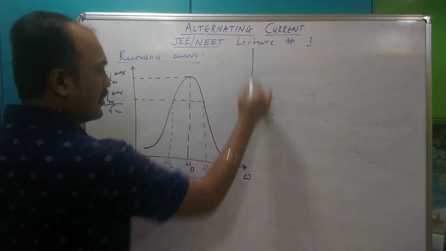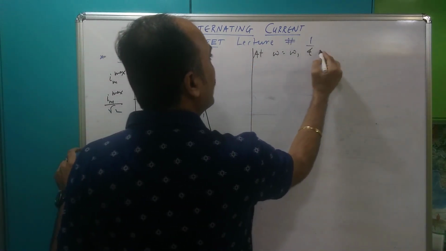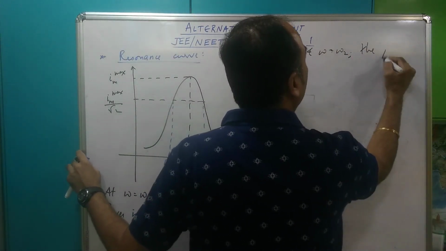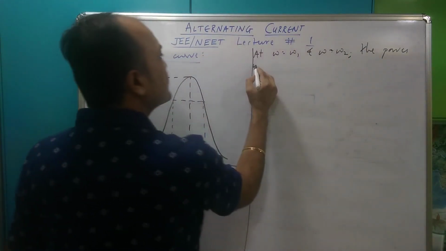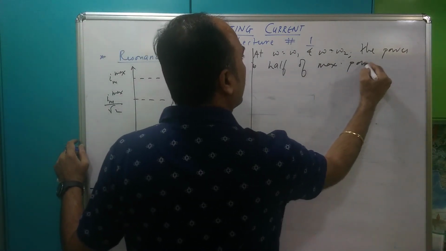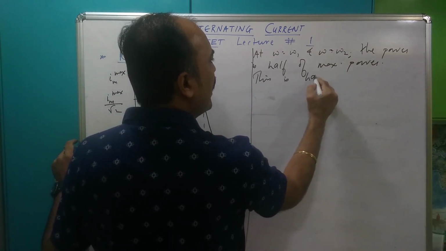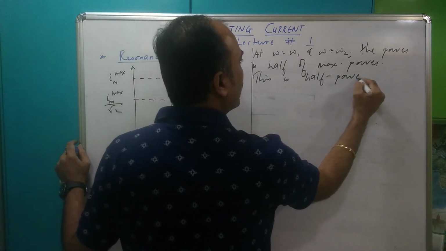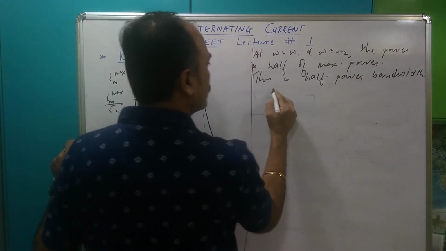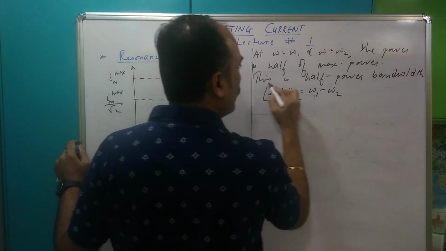So at omega is equal to omega 1 and omega is equal to omega 2, the power is half of max power. So this is bandwidth or half power bandwidth. So twice delta omega is omega 1 minus omega 2.